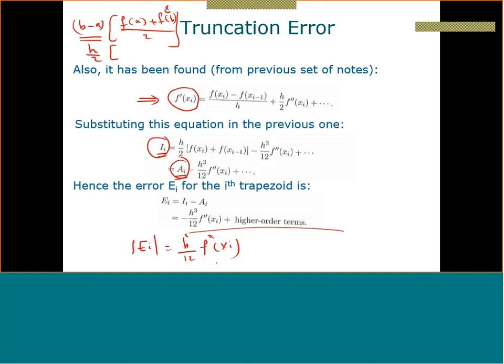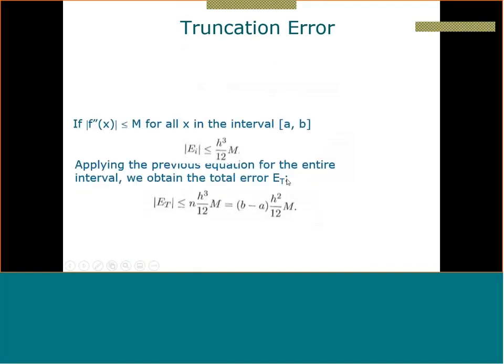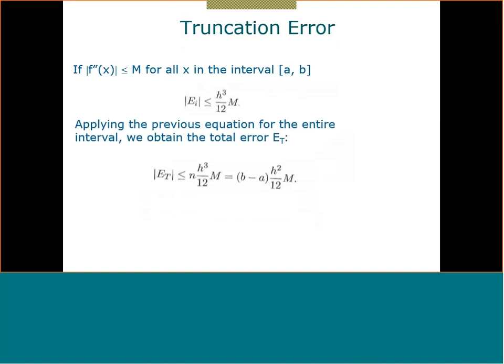Now, what is this f double prime? This is a function defined in the interval from a to b. If this has a maximum point, or if this value is less than a certain value m in the whole interval, then I can say that the error is less than or equal to h cubed over 12, and I will substitute the f double prime with an m value, but now this becomes less than or equal.